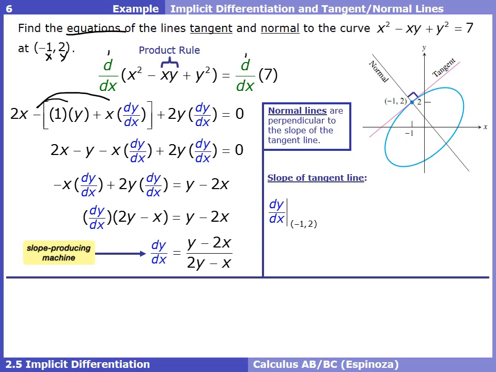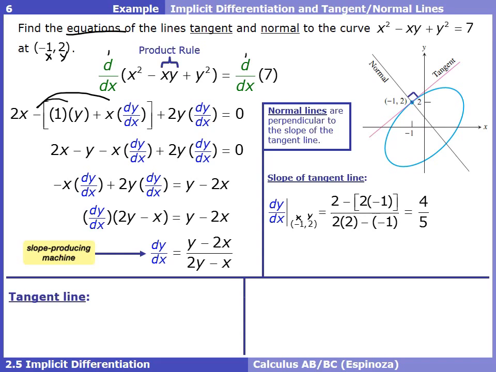Again, here's our notation. We're going to put a dy/dx, we'll put this vertical bar, and then at the bottom of that bar, we'll put the point that we're about to plug in. Of course, that's our x and that's our y. So if you take the x of negative 1 and the y of 2 and plug it in and evaluate that fraction, you'll find that becomes 4/5.